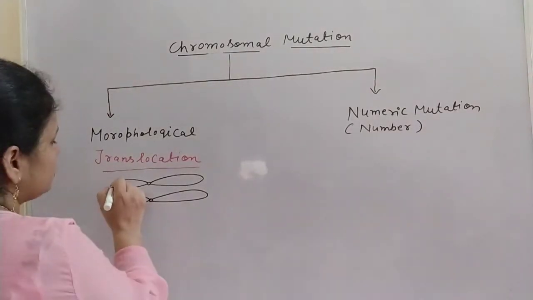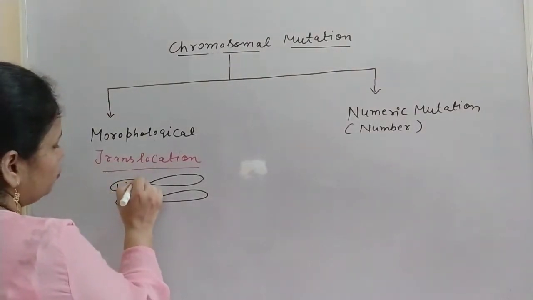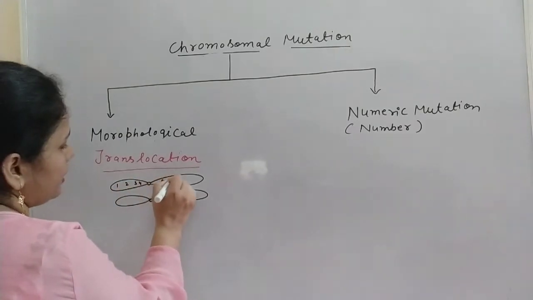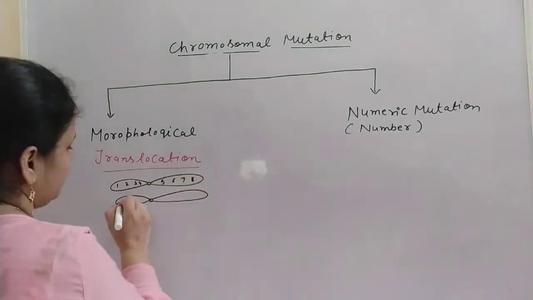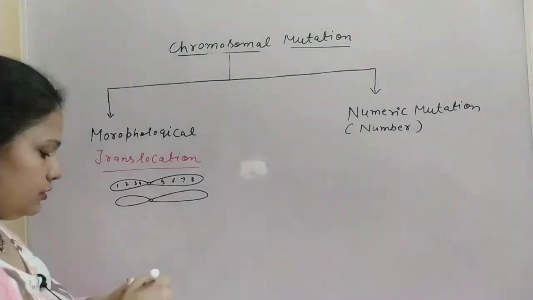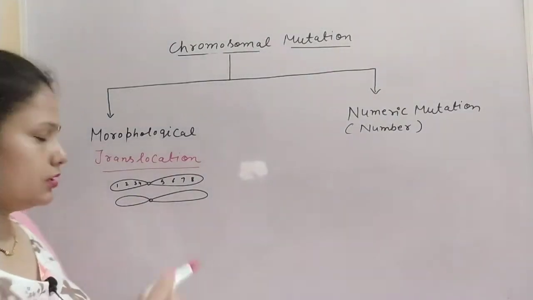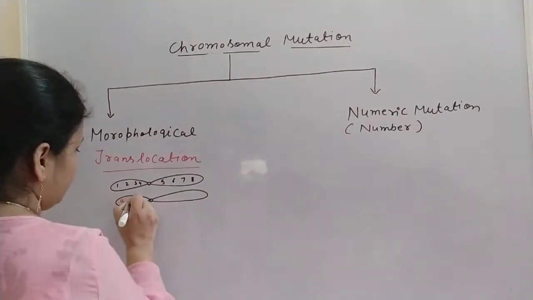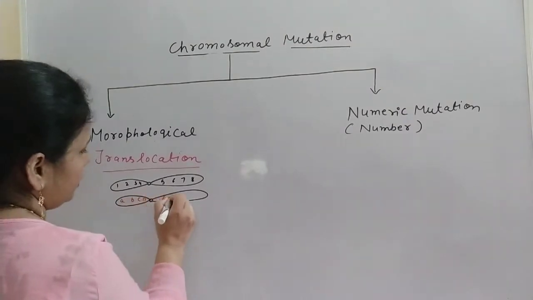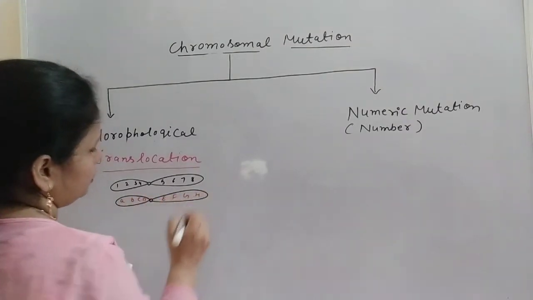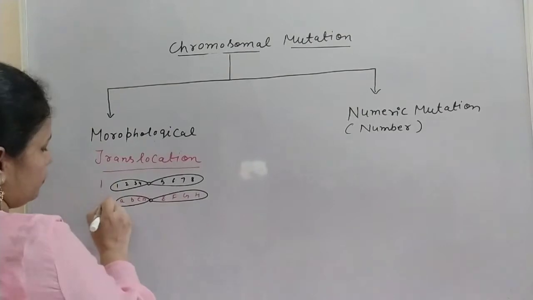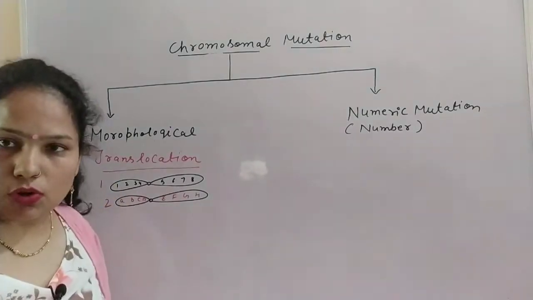In the first the sequence is 1 2 3 4 5 6 7 8, and in the second the sequence is A, B, C, D, E, F, G, H. So that is the first chromosome and that is the second chromosome.